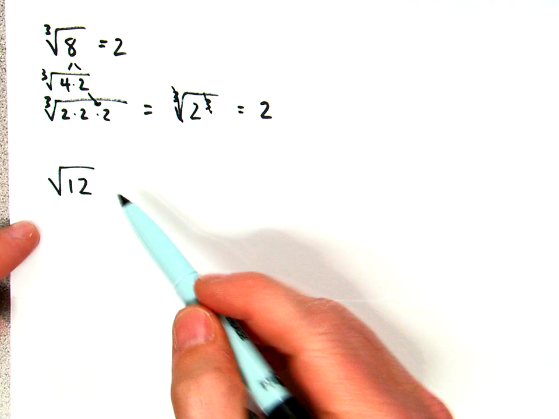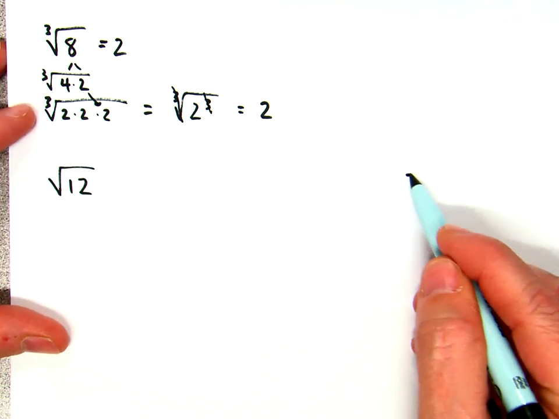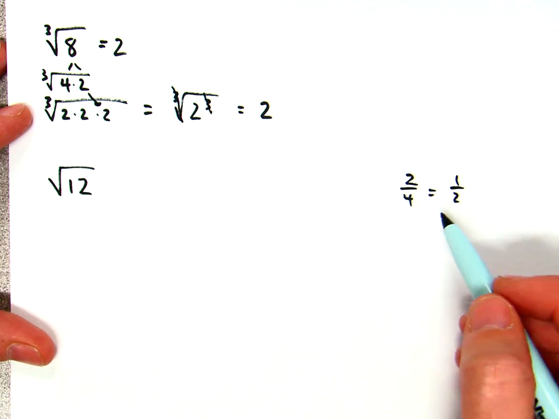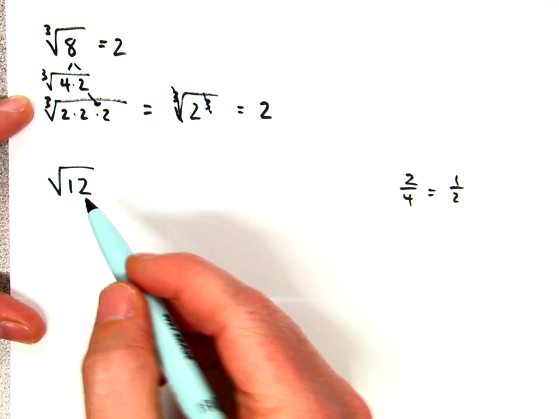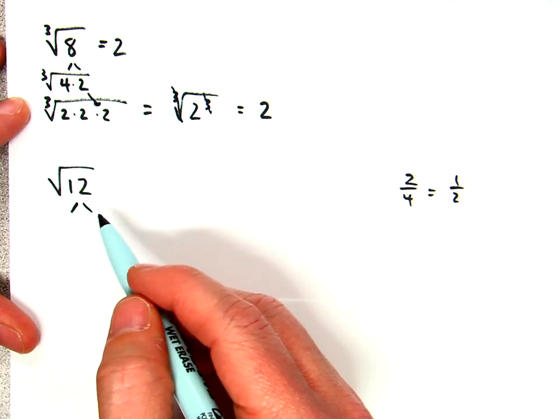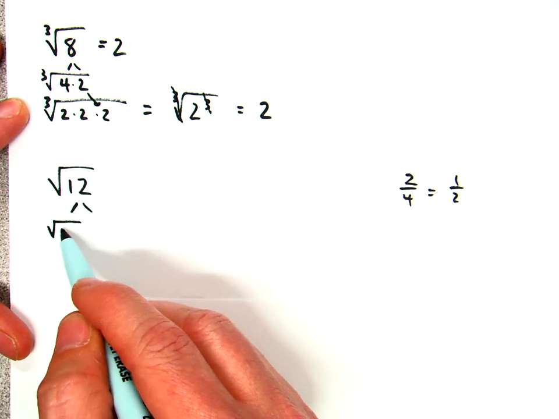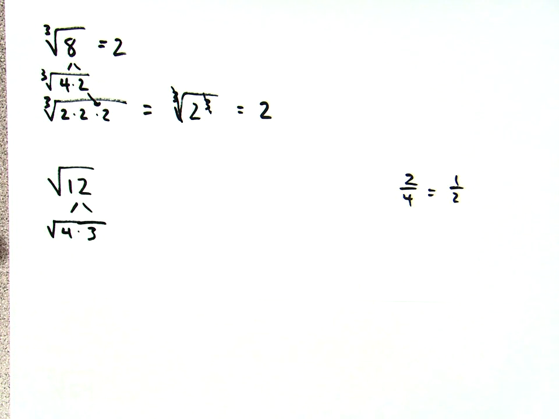So while there is no whole number that we can break this down into, if this thing can simplify, kind of like if we were to simplify 2 over 4 to 1/2, then something like this, we would want to do this. So this is where breaking it up into components is going to work here, because we can say that 12 is the same as square root of 4 times 3, because 4 times 3 is 12.